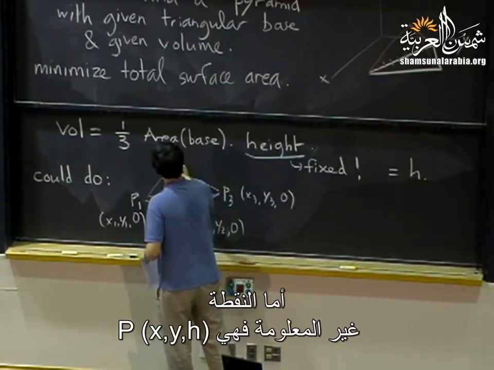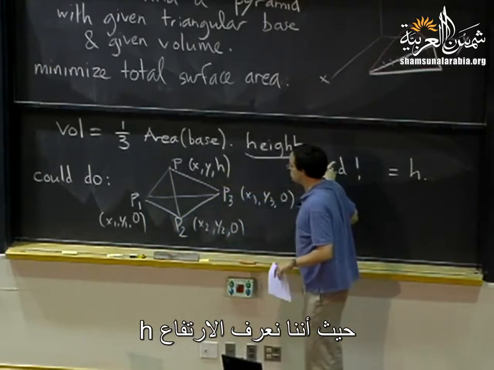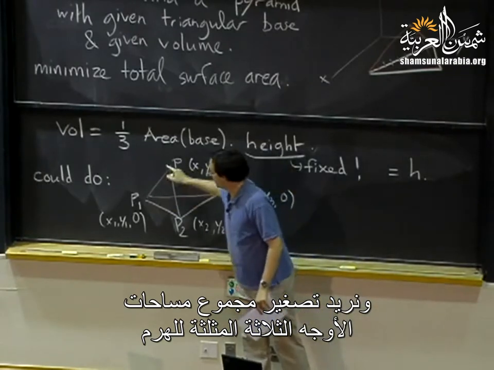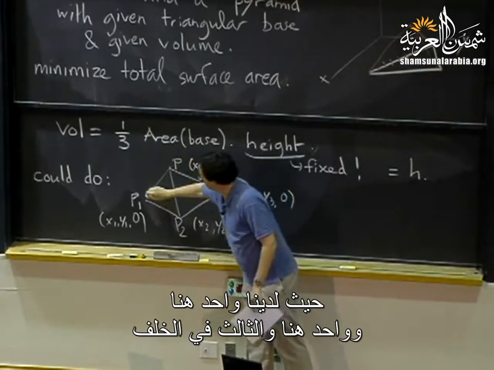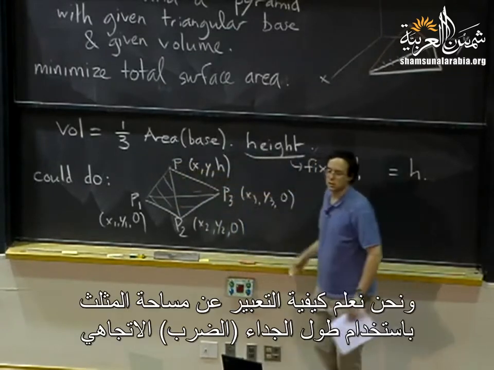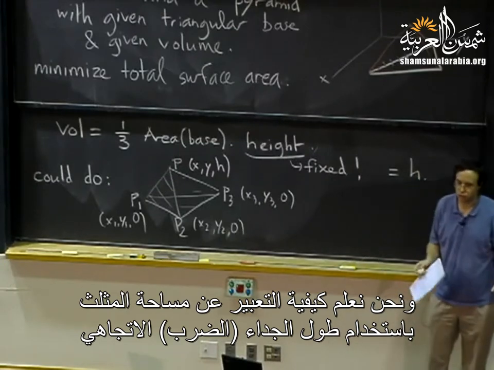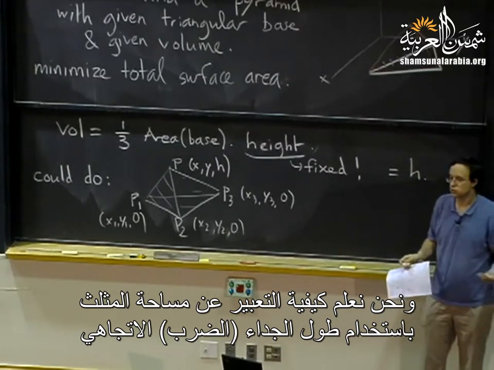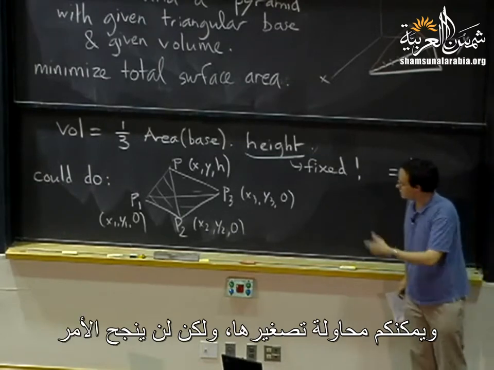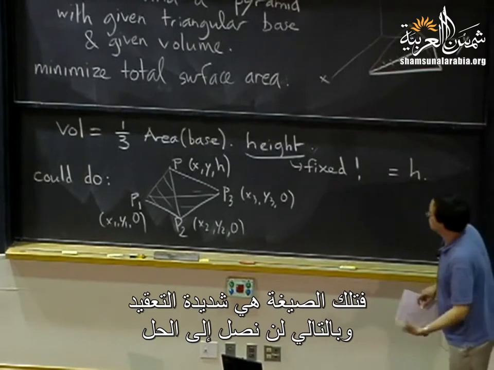This point P is the unknown point at x, y, h. Well, at least we know the height. And then we want to minimize the sum of the areas of these 3 triangles, one here, and one at the back. And areas of triangles we know how to express using length of cross product. So that becomes a function of x and y, and you can try to minimize it, and actually it doesn't quite work. The formulas are just too complicated. You never get there.